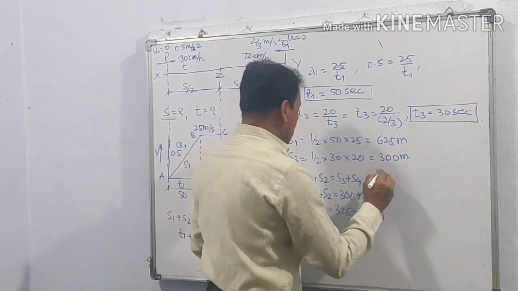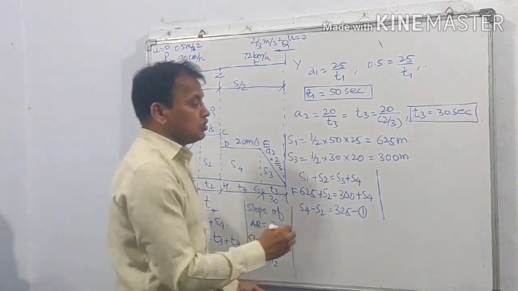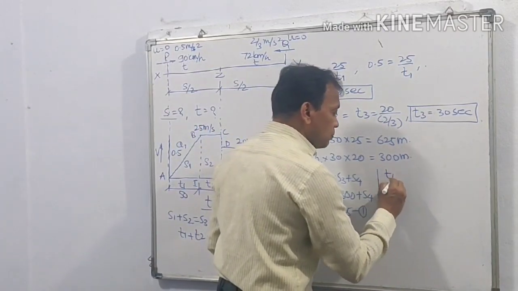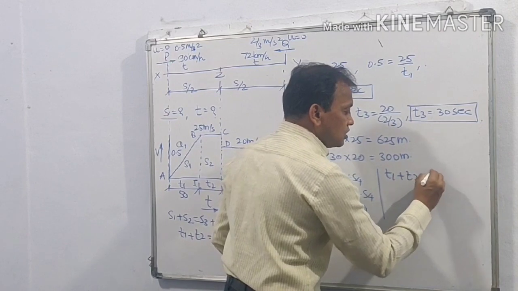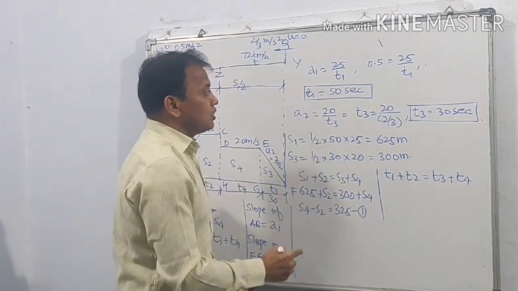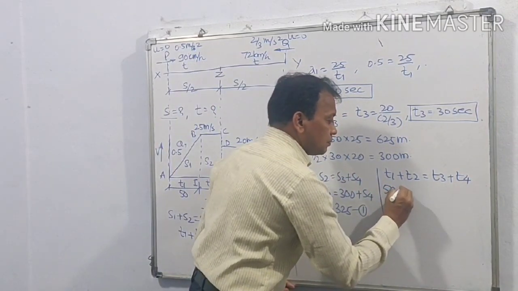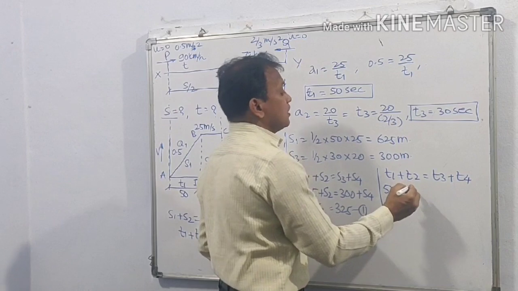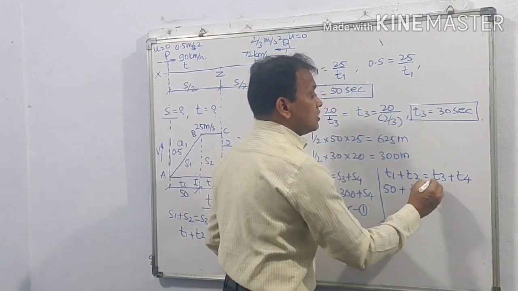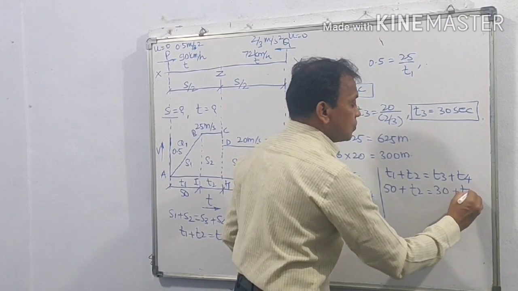Now one more equation: T1 plus T2 is equal to T3 plus T4. We know T1 is equal to 50. So 50 plus T2 is equal to 30 plus T4.